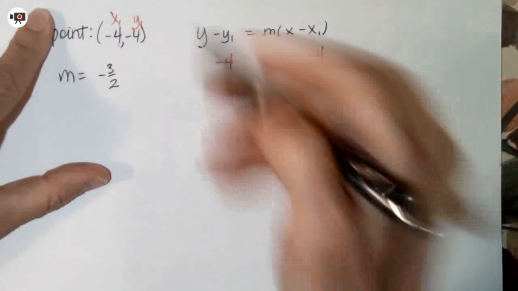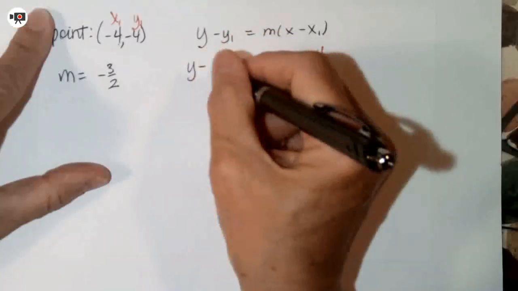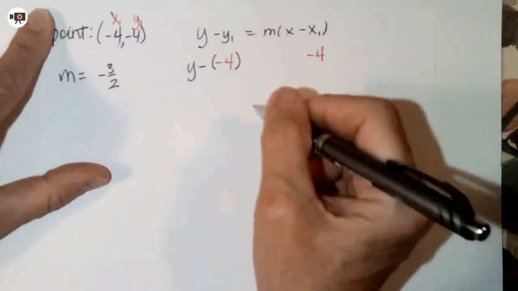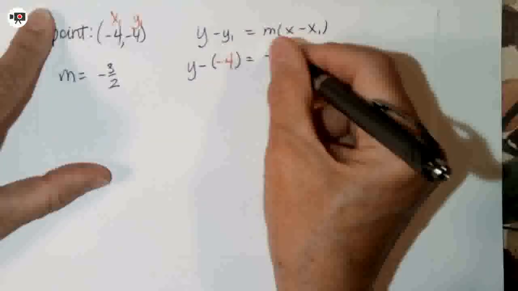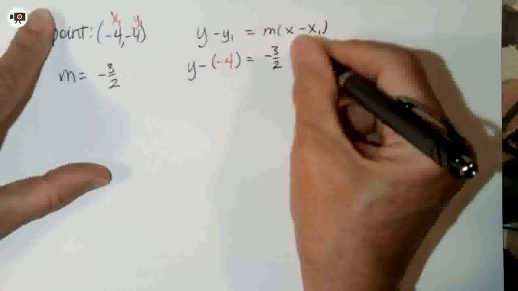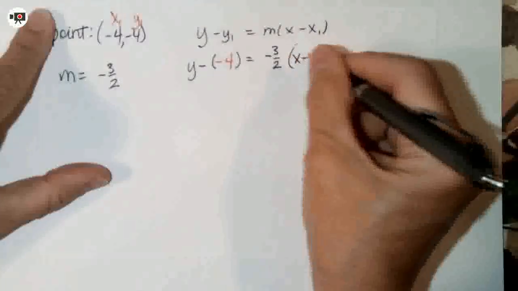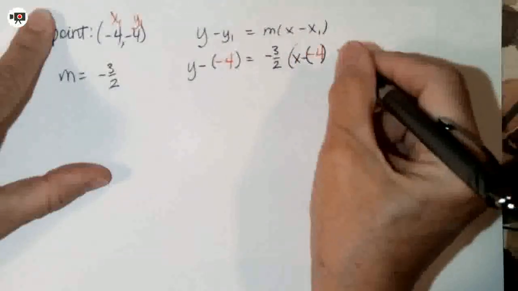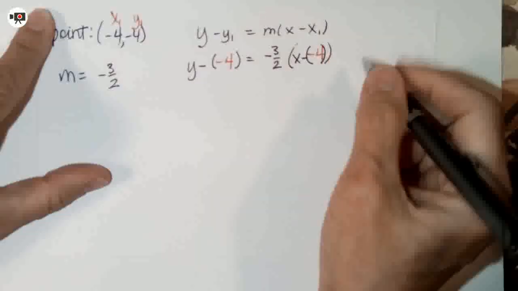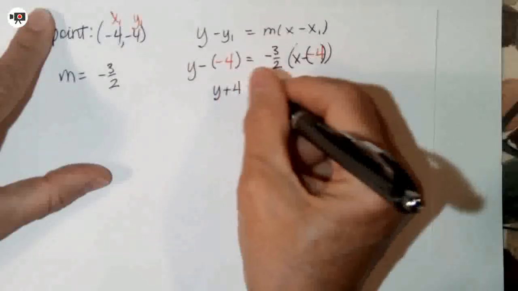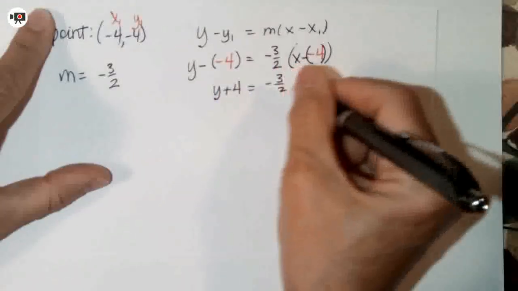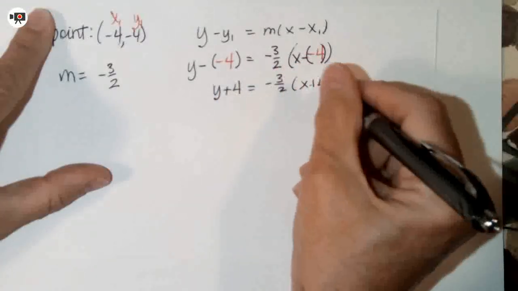When I do that, I'll say y minus, and oops, that's a double symbol. I need to go ahead and put some parentheses in there. Then the slope is -3/2. Then x minus, and again, a double symbol there. So simplify this, it'll be y plus 4 equals -3/2 times x plus 4.